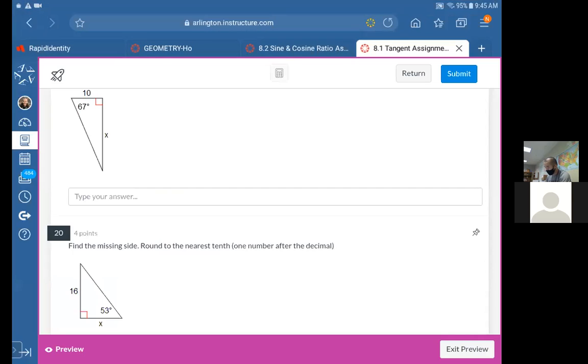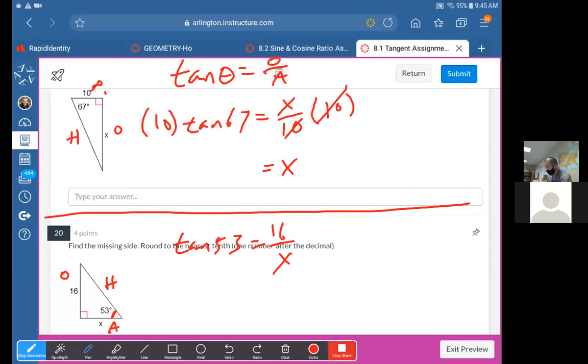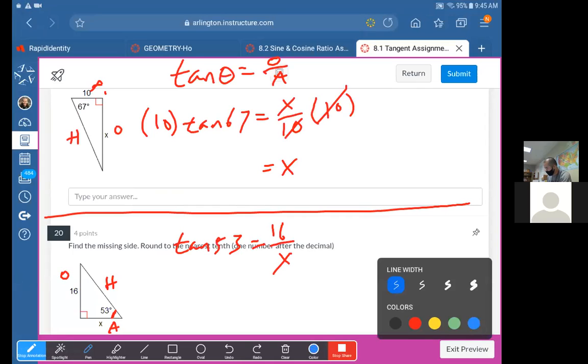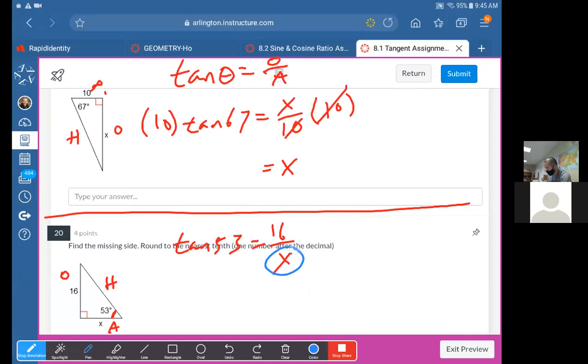And then down here, for the second one, there's my annotations. Here's the shortcut with this. If you want to see how this actually works, you can refer to my notes or watch my video for 8.1. Just switch these two things, and you'll have x equals 16 over tangent 53. This only works when x is on the bottom, and this is a shortcut. So I'm skipping the math steps and just giving you the shortcut.